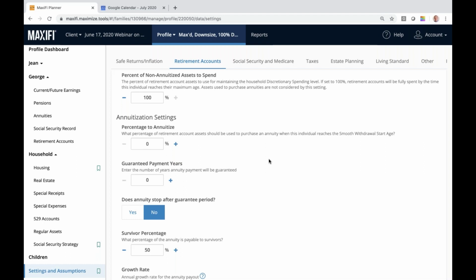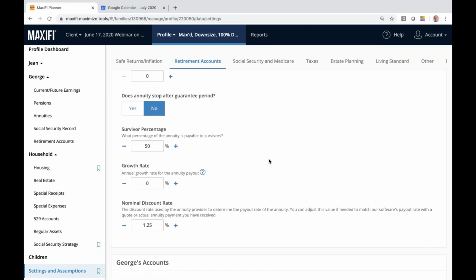And I'd like to have a guaranteed period so I get money for sure for 10 years. Even if I die, my heirs get money for sure for 10 years. And you can specify whether it stops after the guaranteed period. You can specify if there's a survivor benefit, whether that pension is graded and might grow by 2-3% a year.